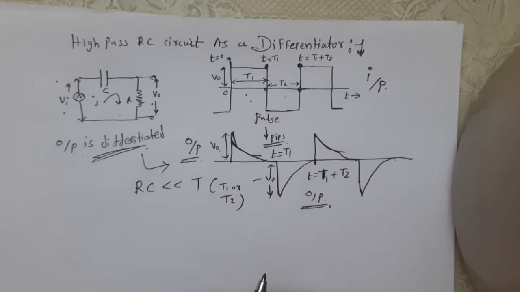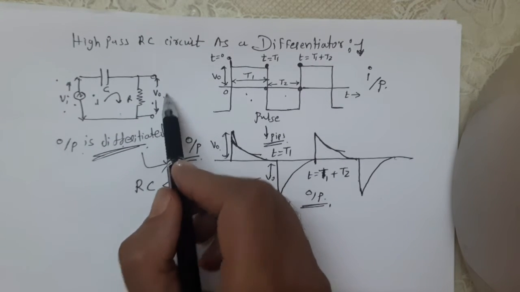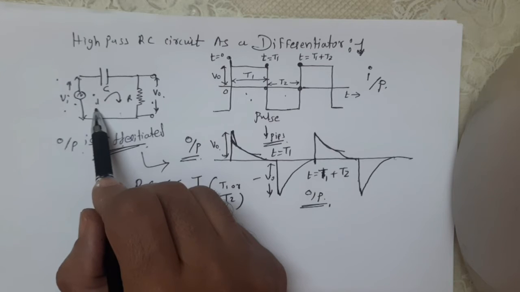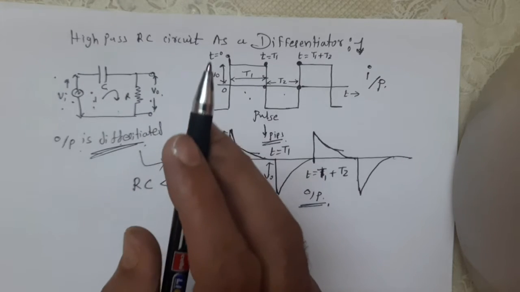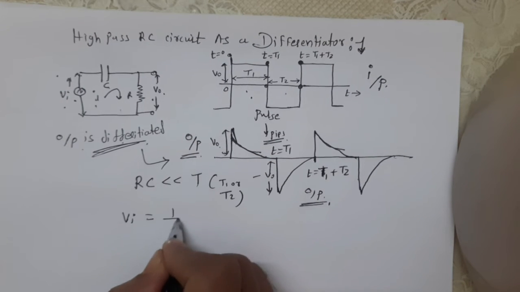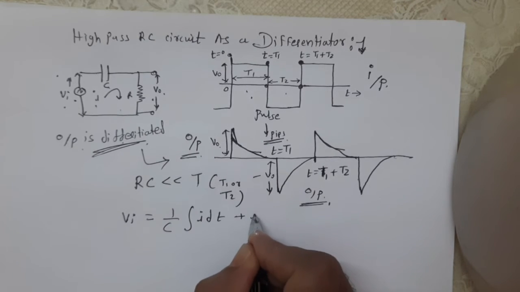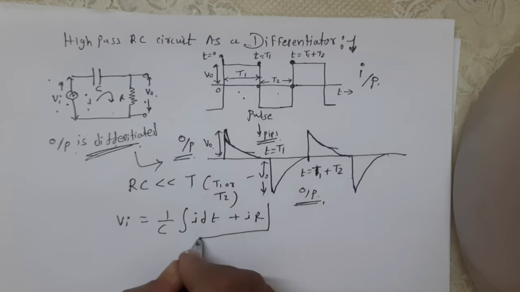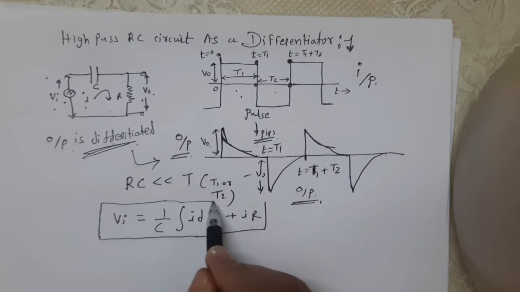If Vi is the input voltage, Vo is the output voltage, and I is the current, then with zero initial voltage across the capacitor C, we can write from the circuit Vi is equal to 1 upon C integration of I dt plus IR.